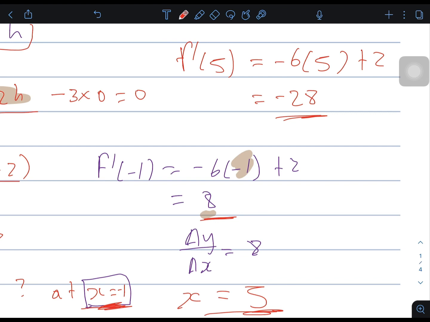It makes a lot of sense because the gradient of a curve is not constant. But if this were not a curve, but a straight line, at any x value you would get the same answer because the gradient of a straight line is constant.